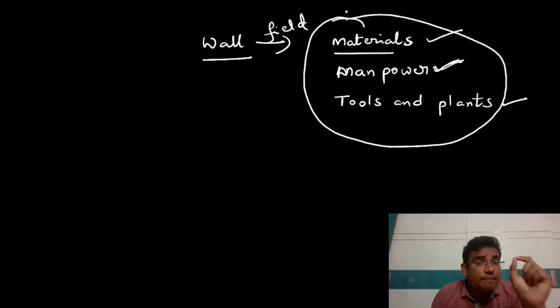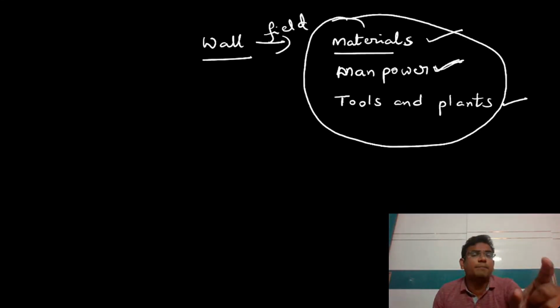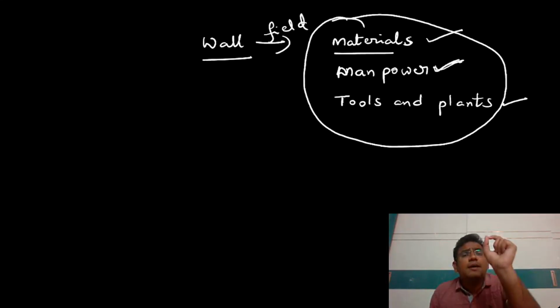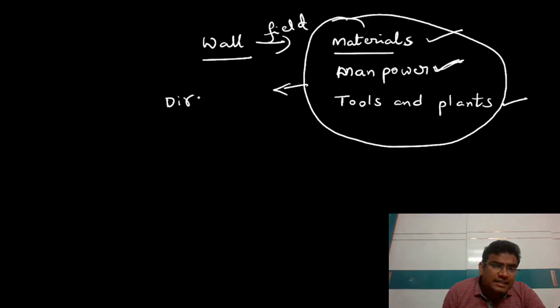The cost I am going to spend on these three parameters is called direct cost.